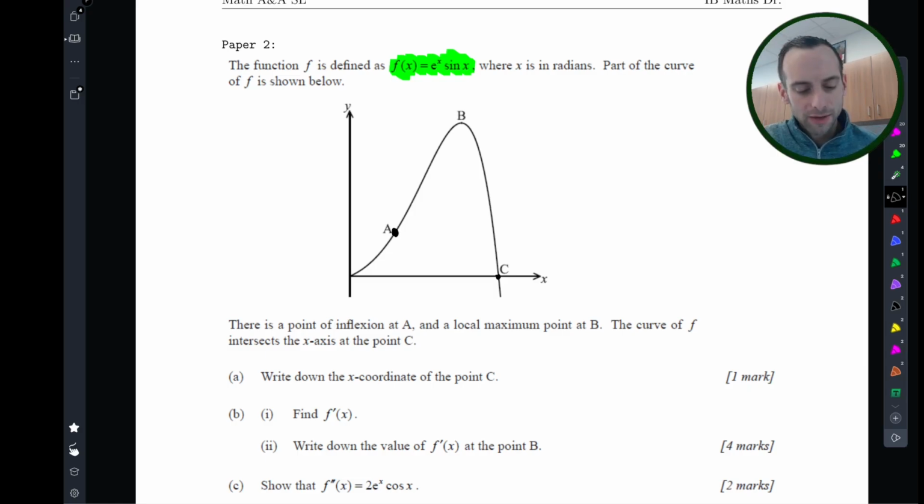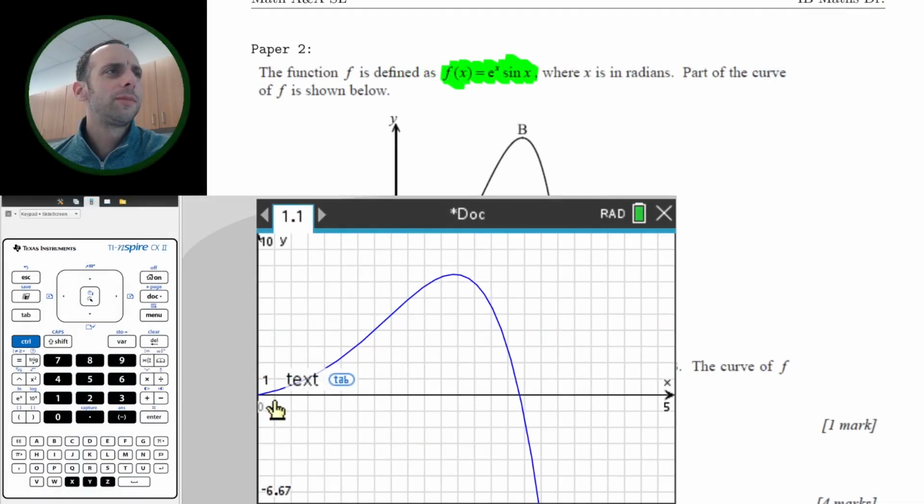So for 1 mark, we get this command term of write down, and we're asked to find the x-coordinate of point C. Okay? The write down is kind of the clue and the giveaway here. We're going to let the calculator do this for us. So we type this function into our calculator, and we're able to reproduce a very similar graph, making sure we're in radian mode and getting that window set up 0 to 5 on the x-axis and about -6.67 to 10 on the y-axis.